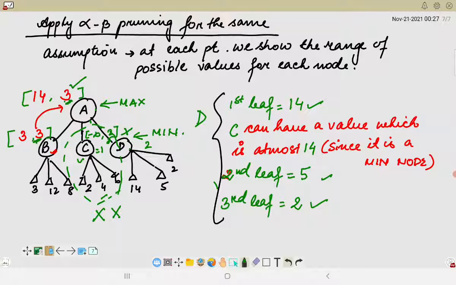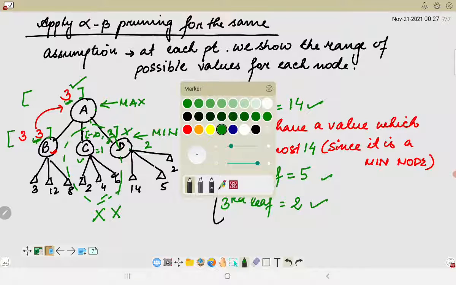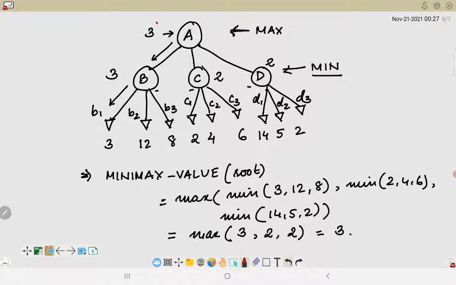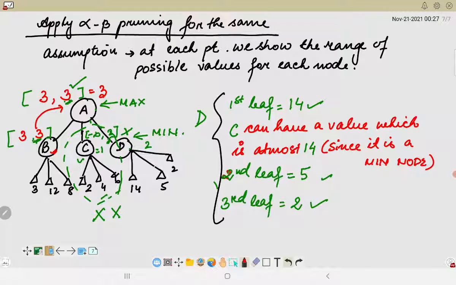That means the final value that max will have is 3 only. So this is also giving me the same result as your minimax algorithm, but here what I'm doing is I am completely pruning off this C node.